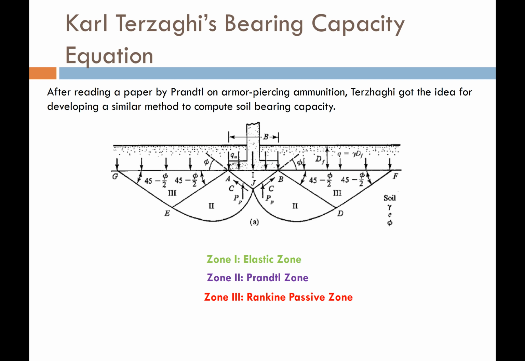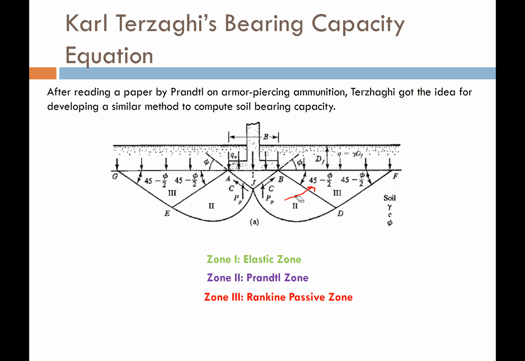The final zone is what he called the Rankine passive zone, highlighted here, and it's on the other side of my footing as well. This is a zone where the Prandtl zone is literally just, boy, that is the ugliest arrow I've ever drawn. The Prandtl zone is just pushing on this Rankine passive zone.